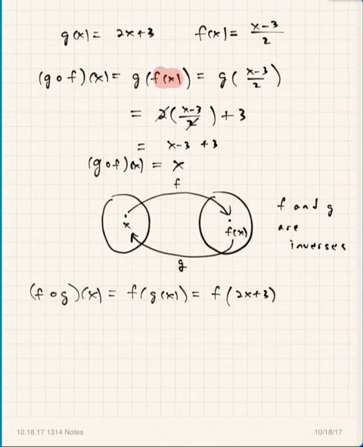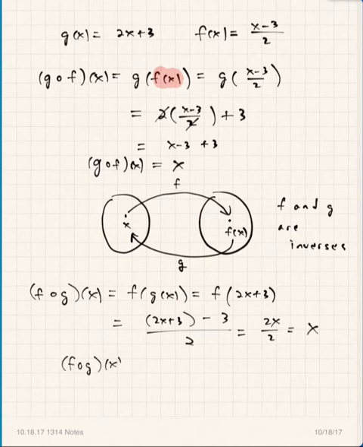And I go to my other function, the f function, and in place of the x, I put 2x plus 3. And notice what happens. The 3's cancel, and you get 2x over 2, or just x. The other composition is x also. Now, this isn't always going to happen, by the way, but most of the time it does. For most normal types of functions, when you compose one way and you get x, you're going to get x composing the other way also.